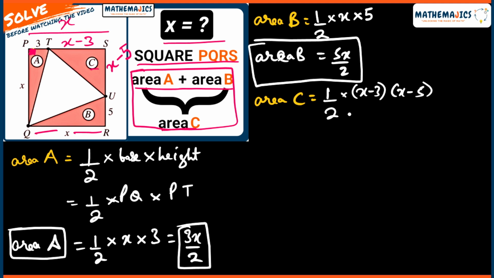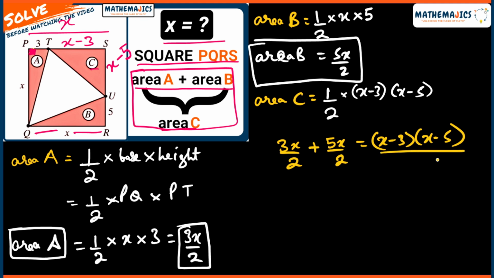Now it is given that the area of A and B together sums up to the area of C. So this will give us 3x by 2 plus 5x by 2 is equal to (x minus 3) times (x minus 5) by 2. Area of A plus area of B is equal to area of C.